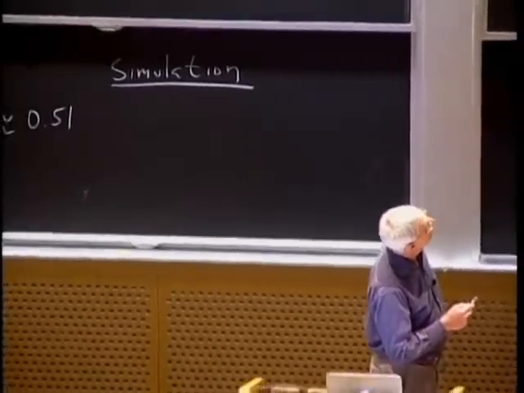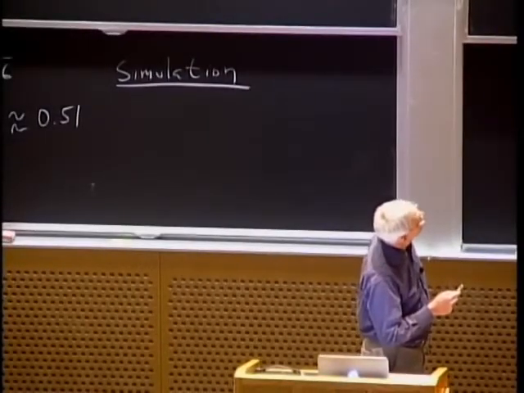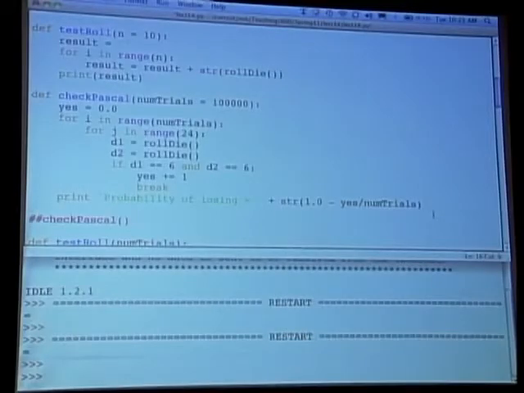So for i in range number of trials, for j in range 24, because that was Pascal's friend's game, I'll roll the first die, I'll roll the second die. If they're both 6s, I'll say yes equals 1, and I'll break. And then I'll compute the probability of winning or losing.